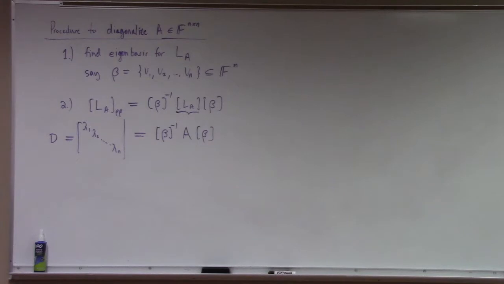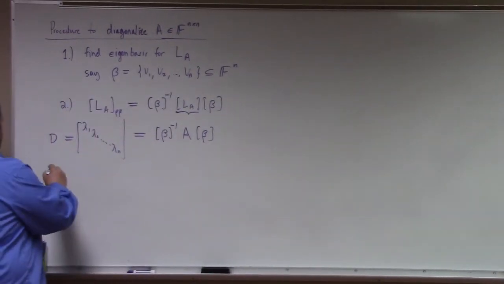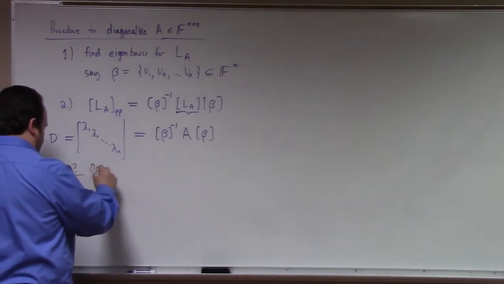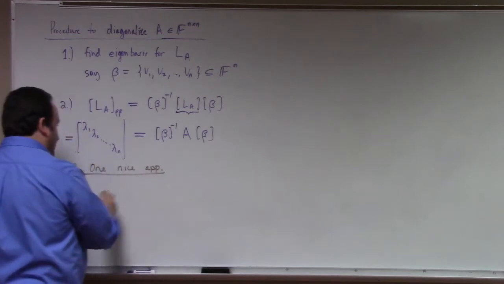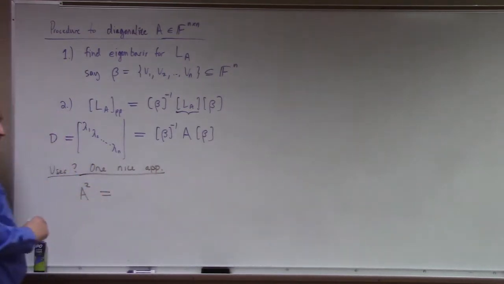He's like, well, that's great. Why do we care? Well, there's lots of reasons to care. Here's one. Uses. One application, or app, as we like to say these days. Suppose you want to calculate A squared. How would you calculate A squared?